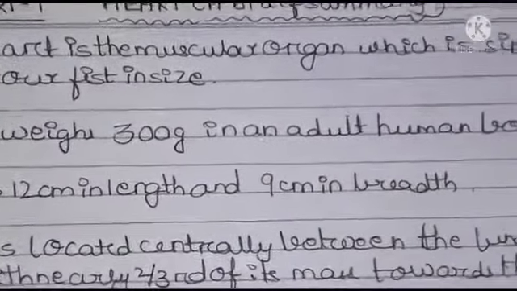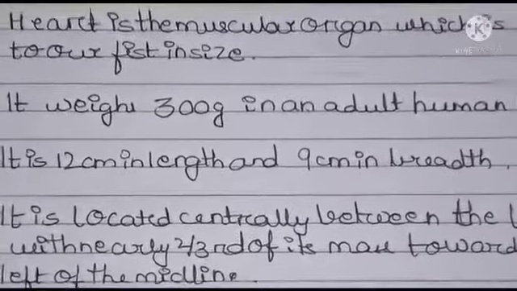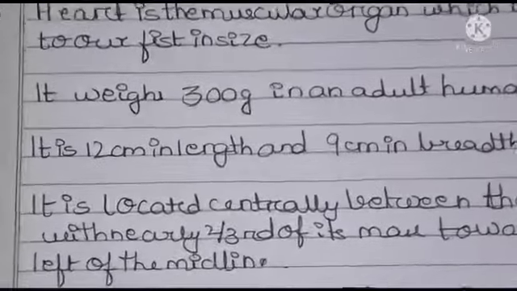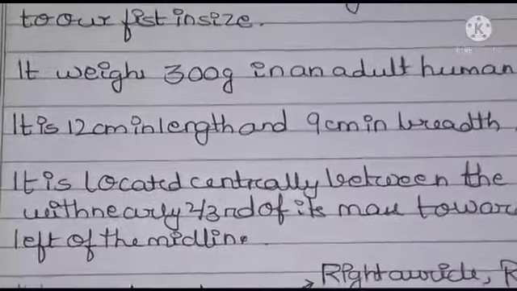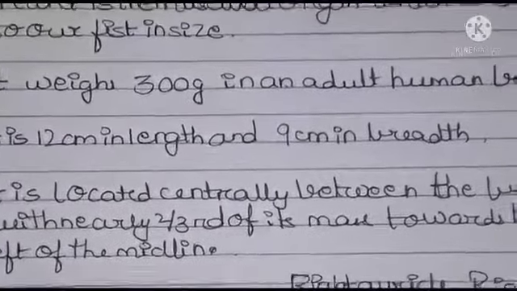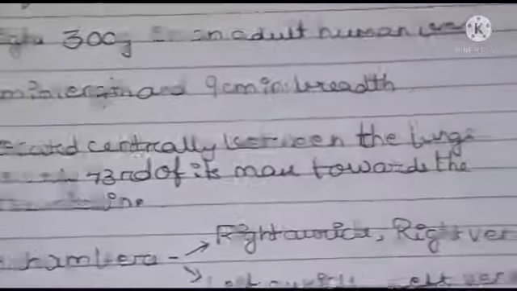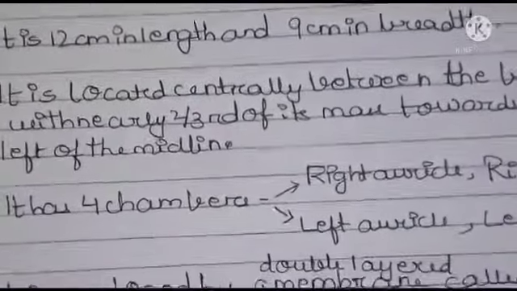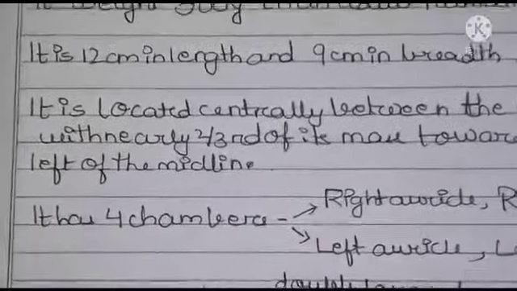Heart is the muscular organ which is similar to our fist in size. It weighs 300 gram in an adult human body. It is 12 cm in length and 9 cm in breadth. It is located centrally between the lungs, with nearly 2/3 of its mass towards the left of the midline.